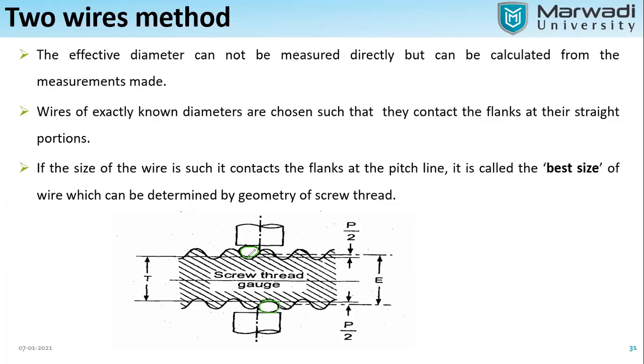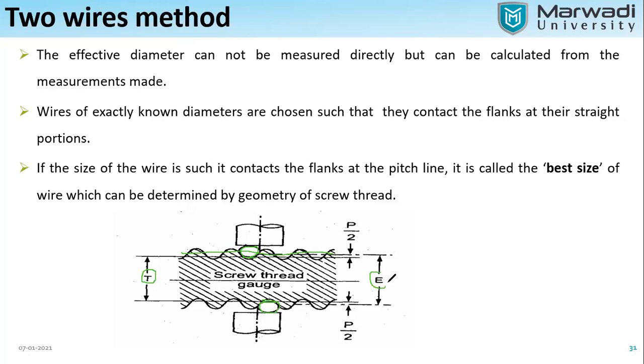Now, the distance up to the downside of the wire is known, and we can measure it with the micrometer. This distance is known as the dimension under the wire, T. Our target is the measurement of effective diameter, E, and we assume that the wire contacts the flank of the screw thread on the pitch circle line.